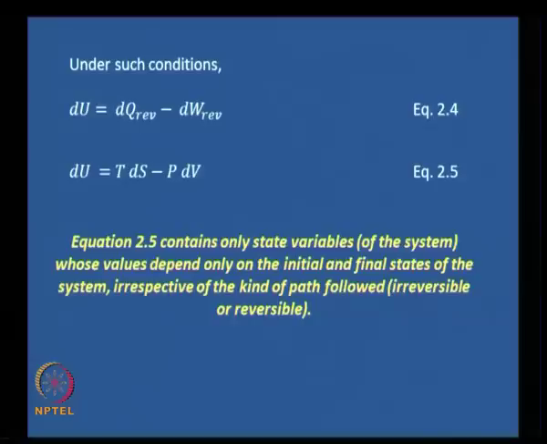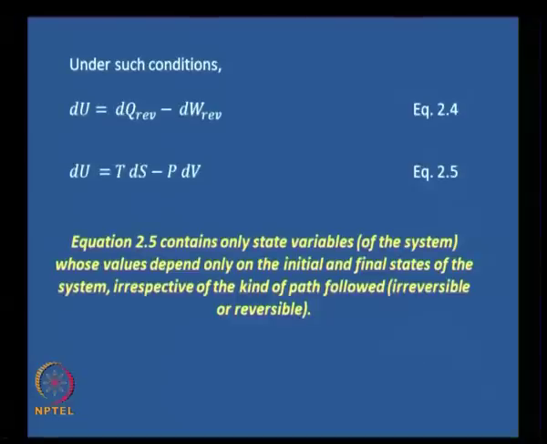And we know that the values of the state variables depend only on the initial and final states of the system in a process. The value of a state variable depends only on the state, and when the system undergoes a process, the value of such thermodynamic variables are dependent only on the initial state and final state of the system, irrespective of the path that was followed to traverse between states 1 and 2.